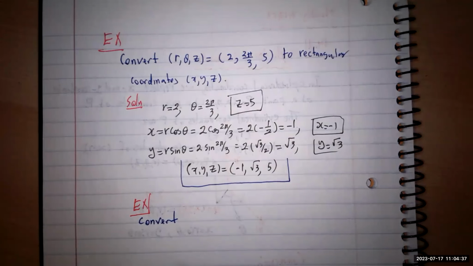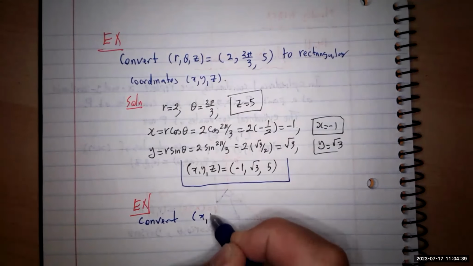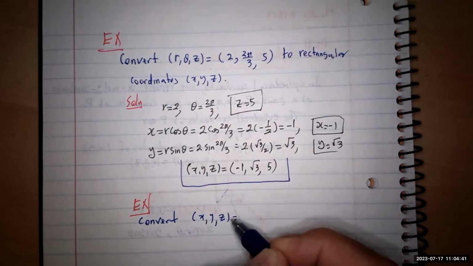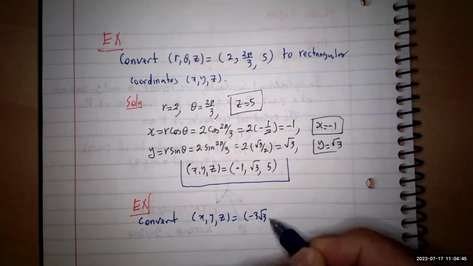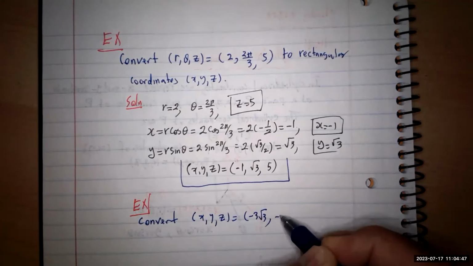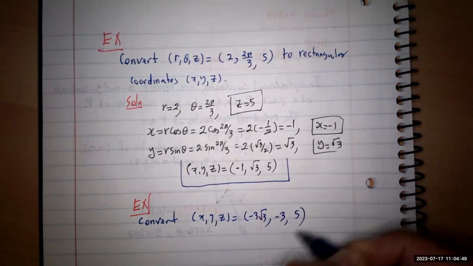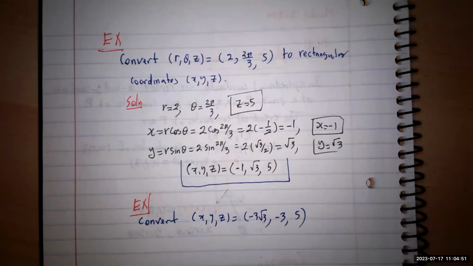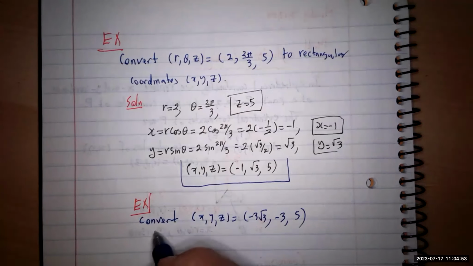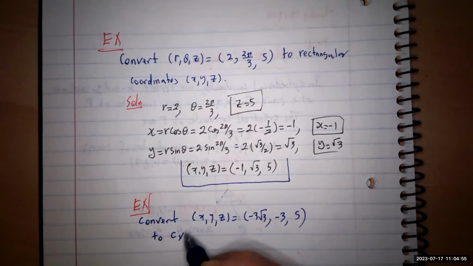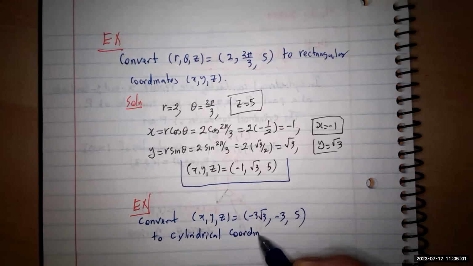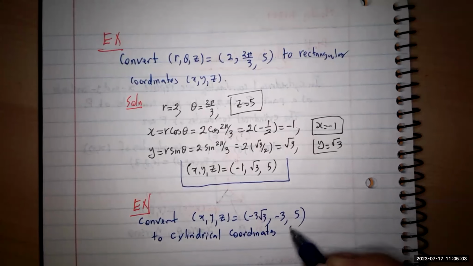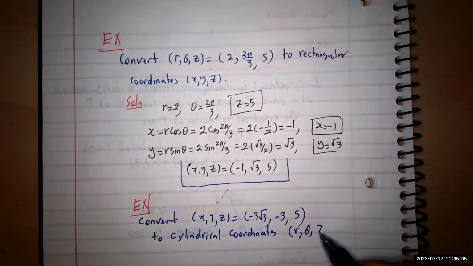You convert X, Y, Z, which is given to you as negative radical 3, -3, and 5. You want to convert it to cylindrical coordinates of the form r, theta, and z.